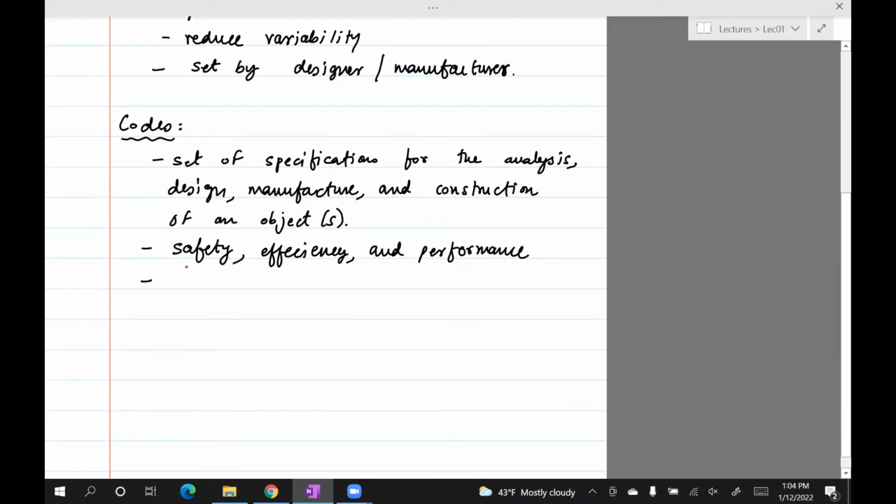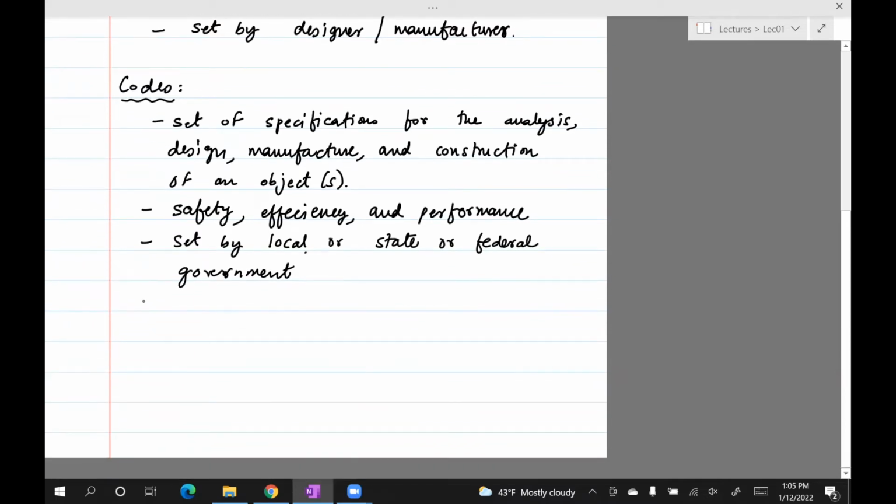So these are set by either the local government, state government, or federal government. And since they're set by the government, they carry the force of law.